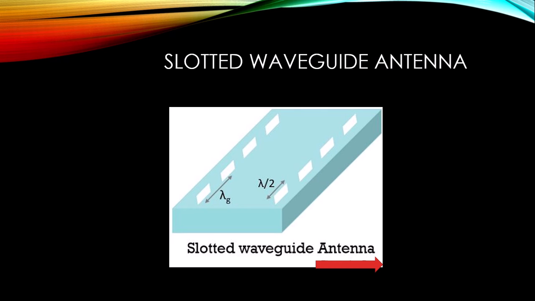These slots are cut on the two sides of the waveguide, separated from the central line. It is noteworthy that the guide wavelength is greater than the free space wavelength.